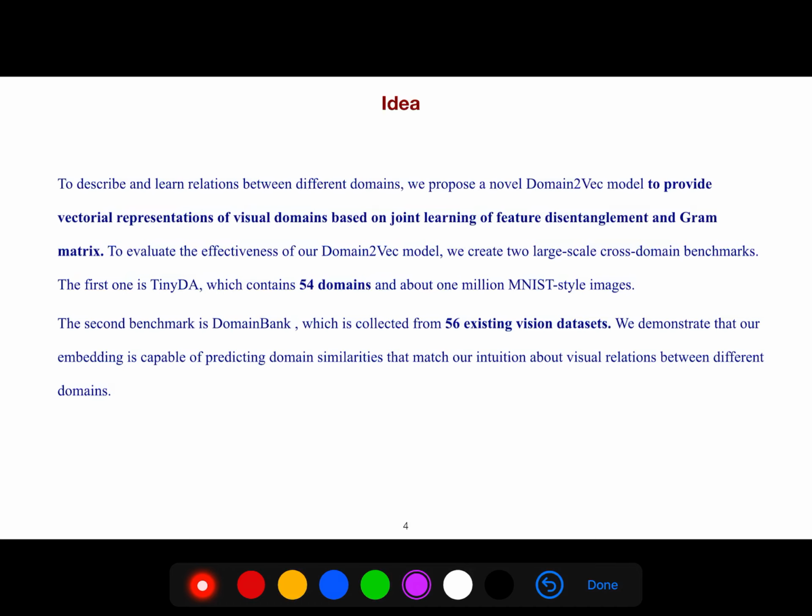The first one is Tiny Domain Adaptation, which contains 54 domains and about 1 million MNIST-style images. The second benchmark is Domain Bank, which is collected from 56 existing vision datasets.